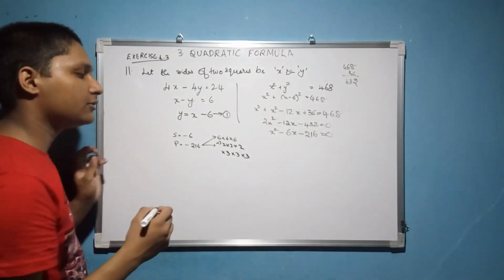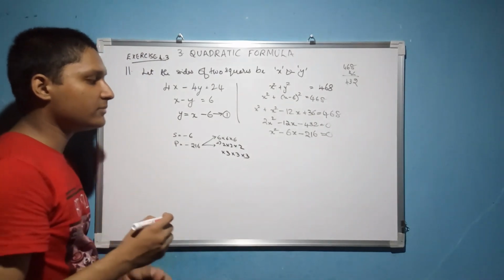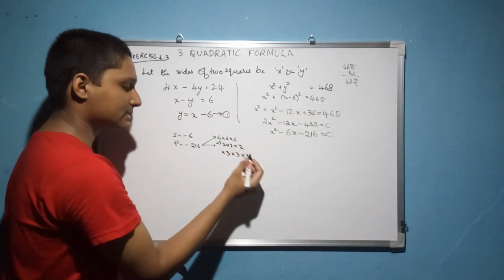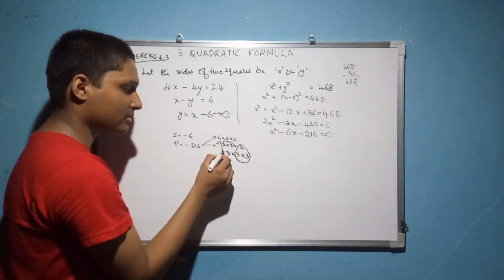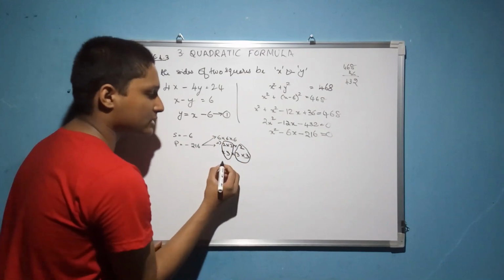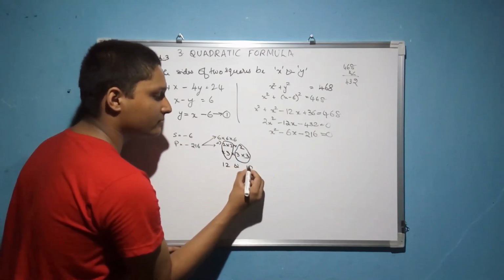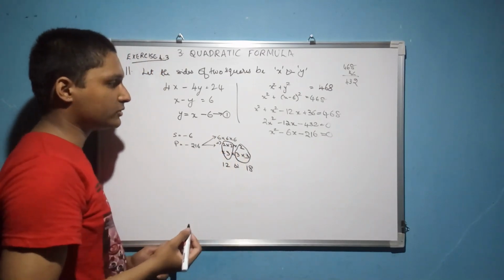You need two numbers having a difference of 6. So I'll take a product of multiples of 6, so it is going to be 12 and 18. 12 and 18 are the two numbers.